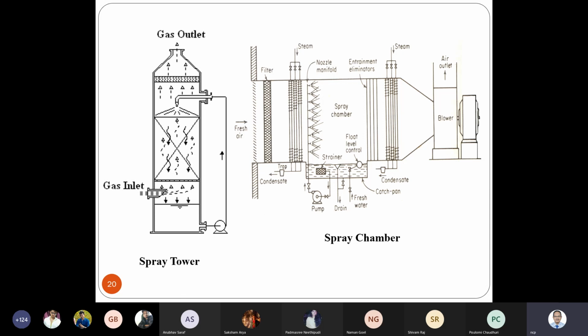Then this is the entrainment eliminator, and then some arrangement. I will discuss where this kind of arrangement is used. So basically, here co-current contact is taking place in the spray chamber, but that will not harm, in the sense that the liquid we are using is pure liquid, mostly pure water.